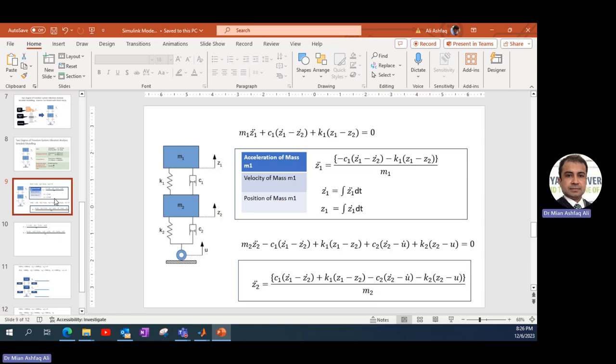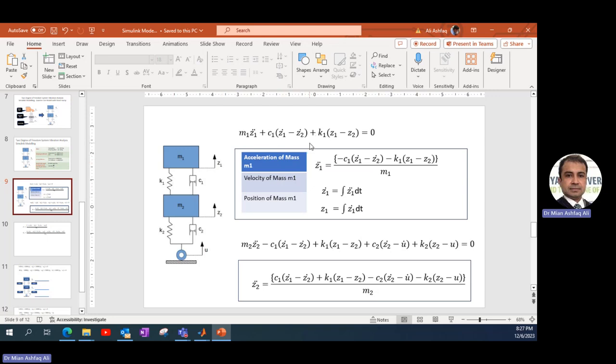So here, if we consider M1 and M2 one by one, then we can derive this equation, which represents the dynamics of M1. We have mass M1 times Z1 double dot, which is the inertial force, plus C1 multiplied with the relative velocity, Z1 dot minus Z2 dot.